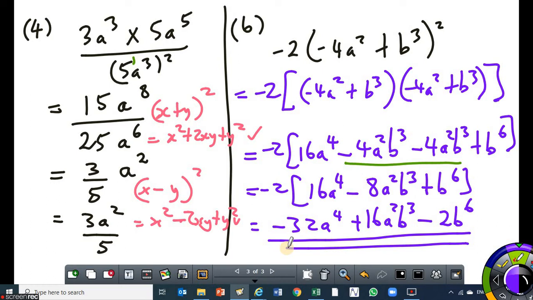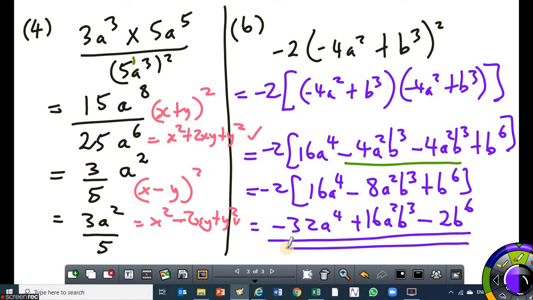I simplified it. It's simplified. You can't simplify the final answer any further.